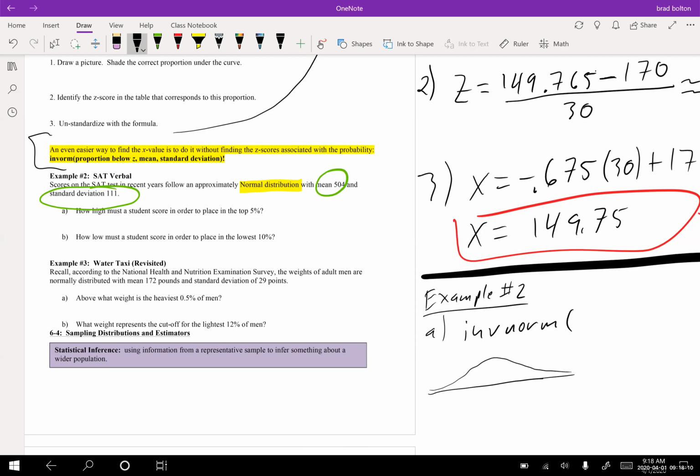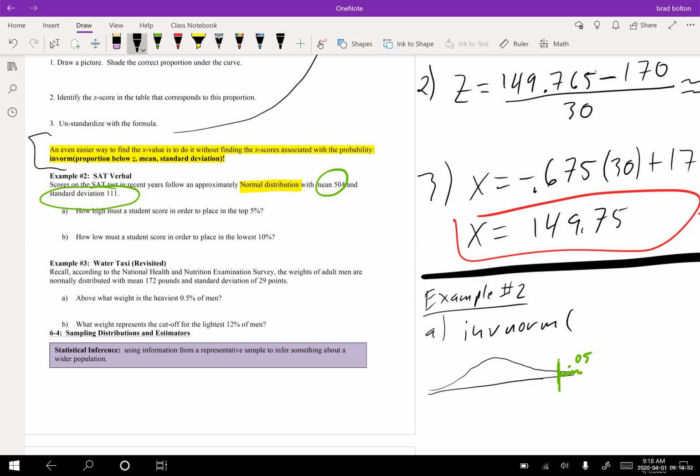So I'm going to draw my little picture, and the top 5% is going to be right here at this point. So this will be 0.05. That's the top 5%. Now remember, when you use inverse norm, the calculator will not tell you the top 5%. It'll tell you the bottom 5%, but you could outsmart it and use the opposite sign.